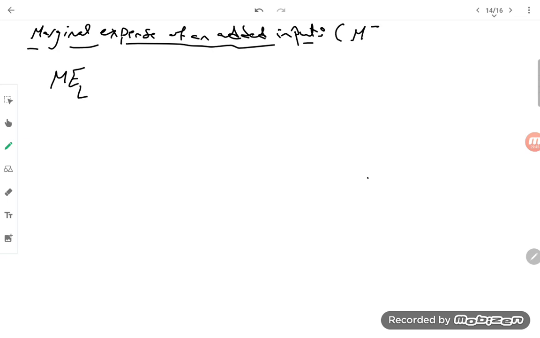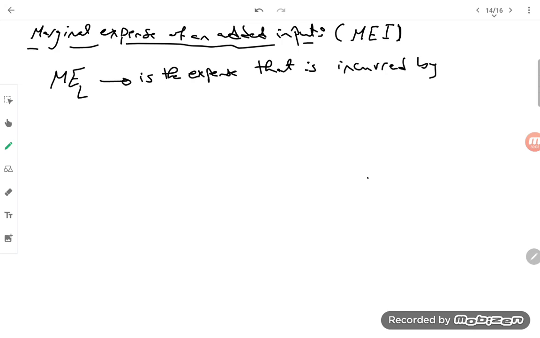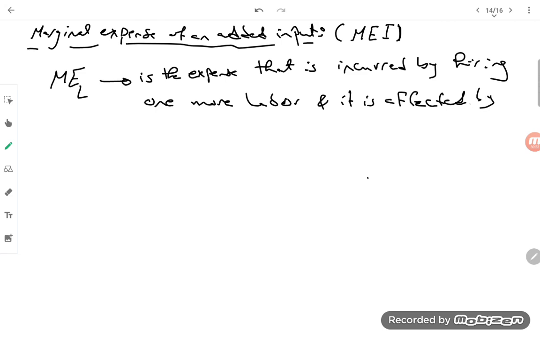Marginal expense of labor is the expense incurred by hiring one more worker, and it's also affected by the nature of the competition in the labor market, whether it is perfectly competitive or there is some degree of monopoly.